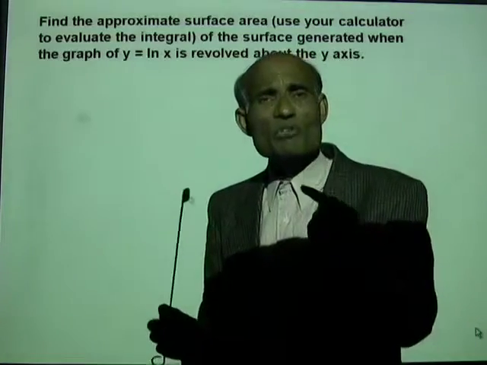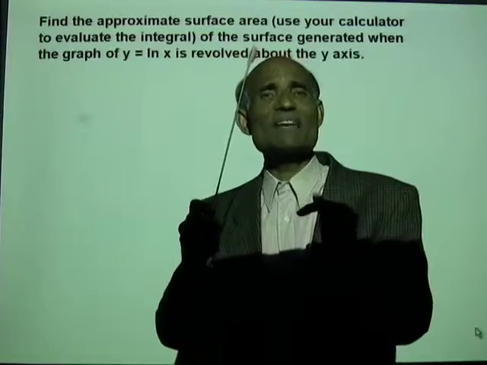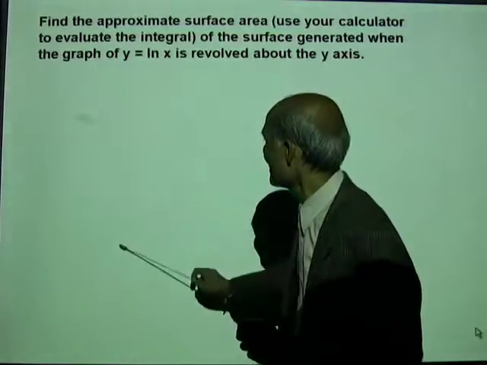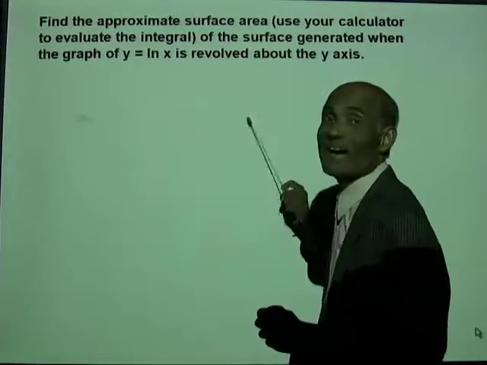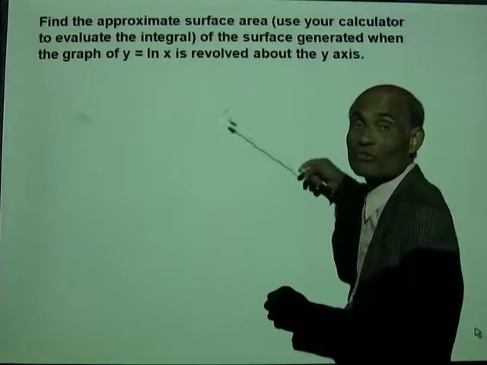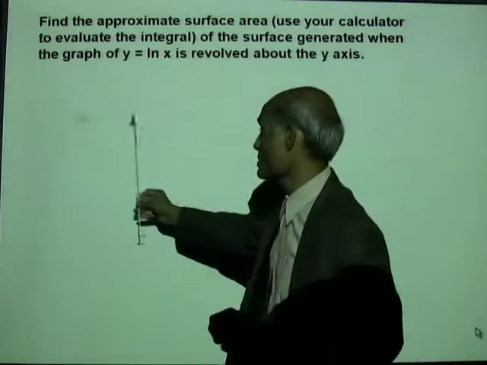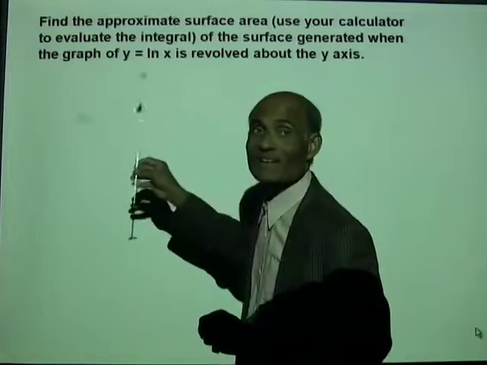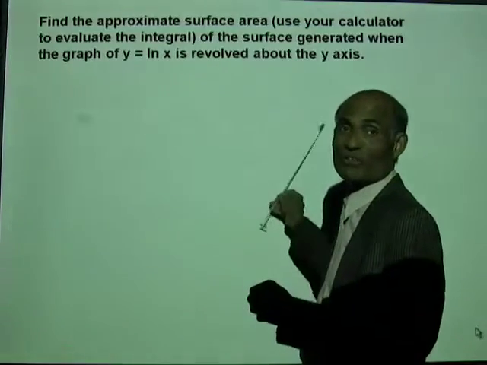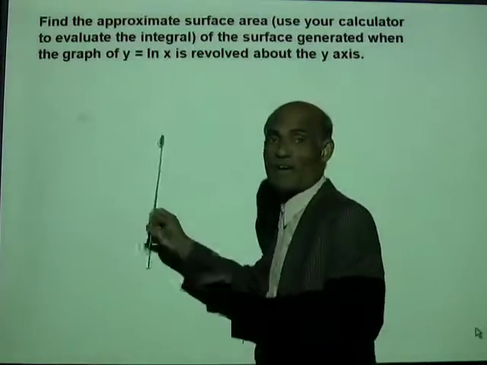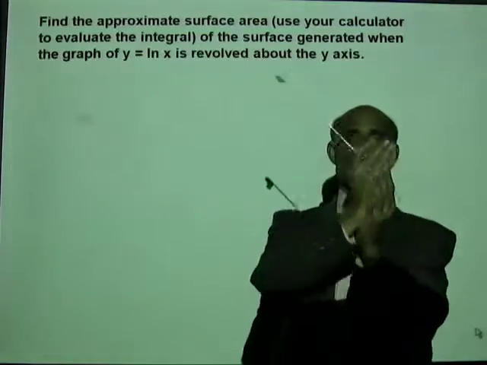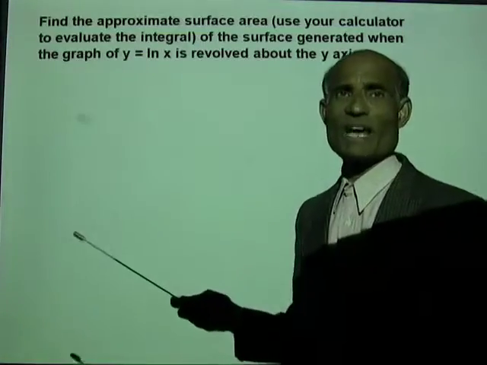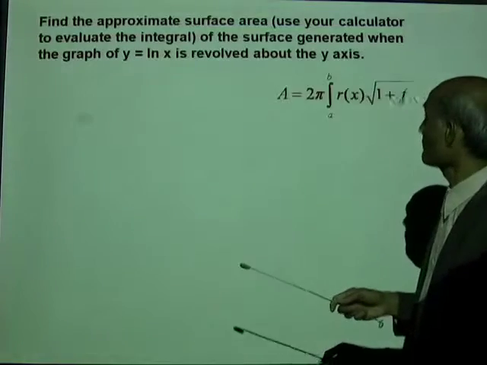Do you remember how the graph of y equal to ln x looked like? Like that. And if you revolve it about the y-axis, it's going to be like that. A graph like this, revolved about the y-axis, you produce a beautiful flower vase-like structure.